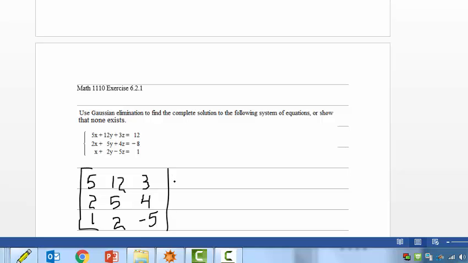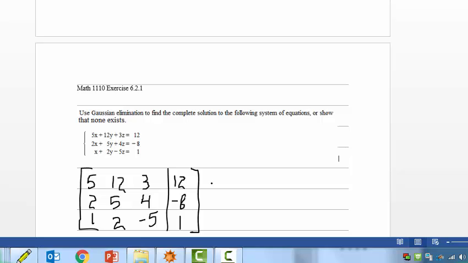And these first column, coefficients of x, second column, coefficients of y, third column, coefficients of z, fourth column are the constants that are on the opposite side of each equation from the coefficients of the variables. Alright, so that's our augmented matrix.